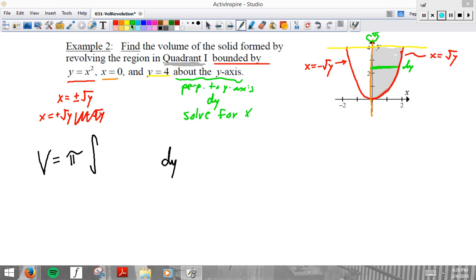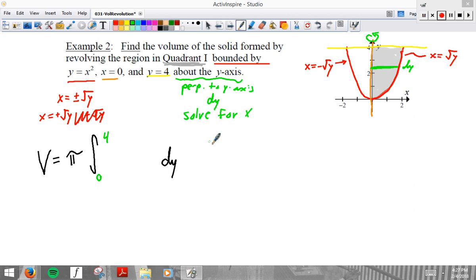So our bounds, because we're doing y bounds, because it's a dy integral, will have to be the lowest y value to the highest y value. The lowest y value is 0. The highest y value is 4. You can picture this slice moving from the bottom to the top of this region.